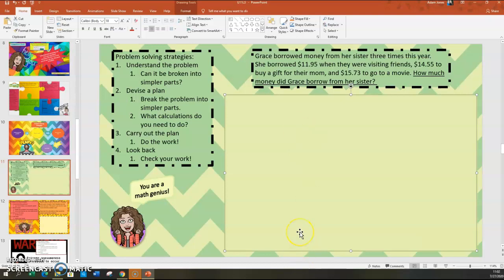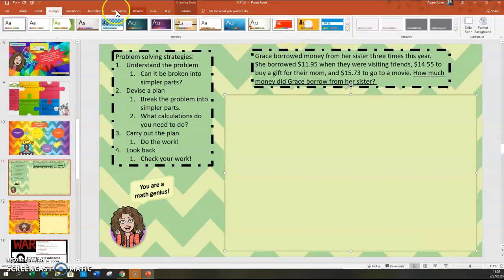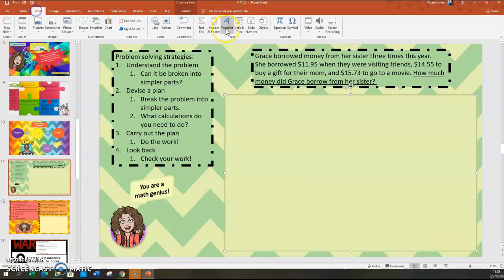The first part we need to do is look at, what do you think? What do you think we need to do here? First, we need to figure out what all is she doing. So we know that she is borrowing money, okay? She is borrowing money.